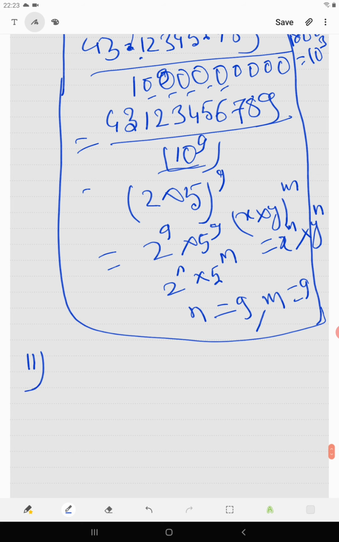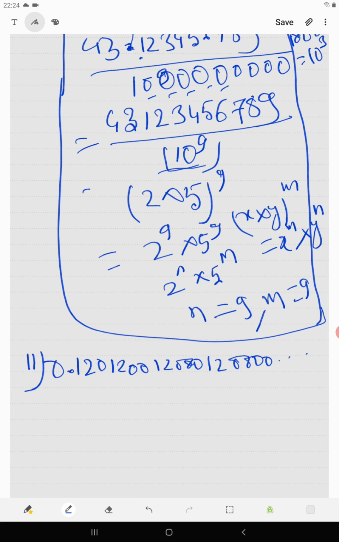The second one says 0.120, then 1200, you see over here 12000, then 1240 dot dot dot. Can you see the pattern? Here it is non-recurring.